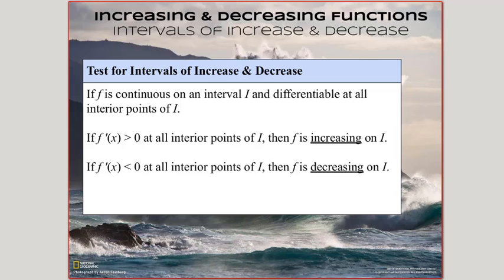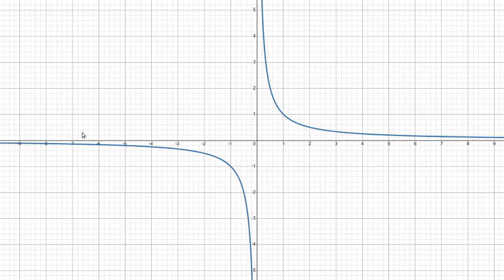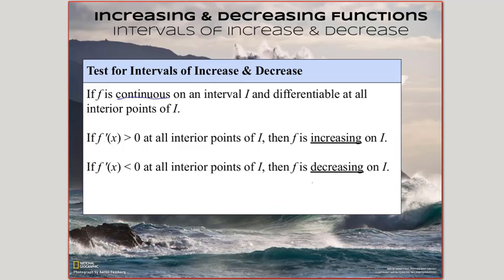So notice, this does require it to be continuous on an interval I, but the point is, we can consider I to be this interval from negative infinity to 0, not including 0, union, or then separately look at the interval from 0 to infinity. So on either one of those intervals, the function is continuous and it is decreasing.